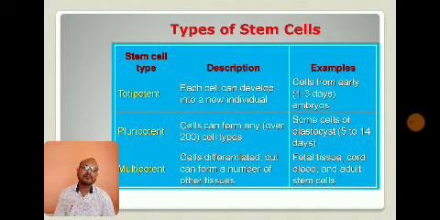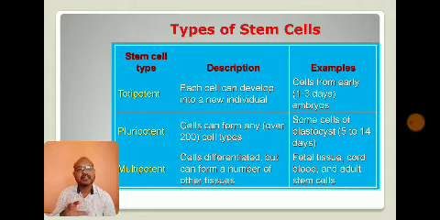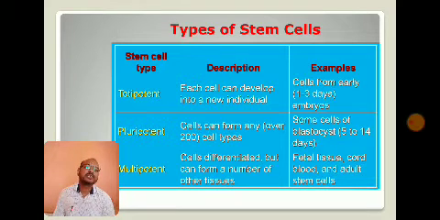Totipotent: each cell can develop into a new individual, and the best example is cells from early 1 to 3 day embryos. Pluripotent: the cells can form any of over 200 cell types, and the example is some cells of the blastocyst, 5 to 14 days. Then multipotent cells are differentiated but can form a number of other tissues. The examples are fetal tissues, cord blood, and adult stem cells.